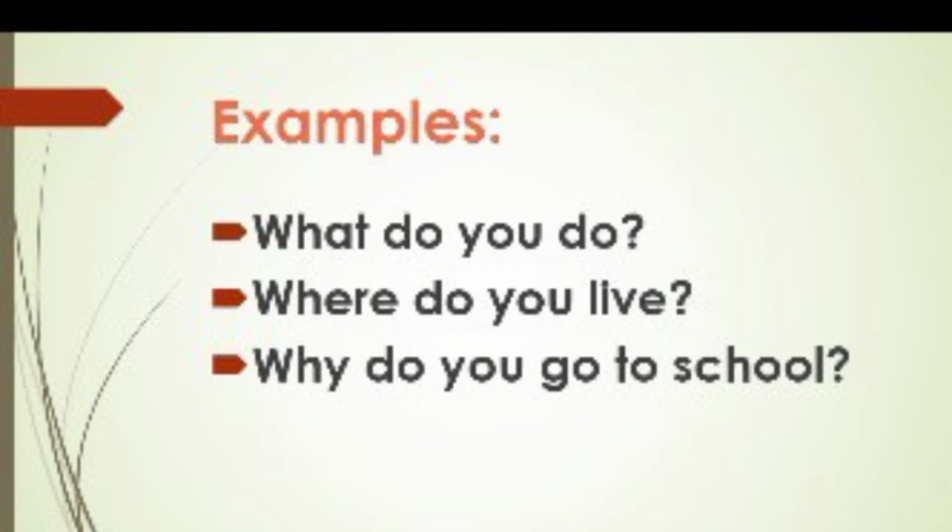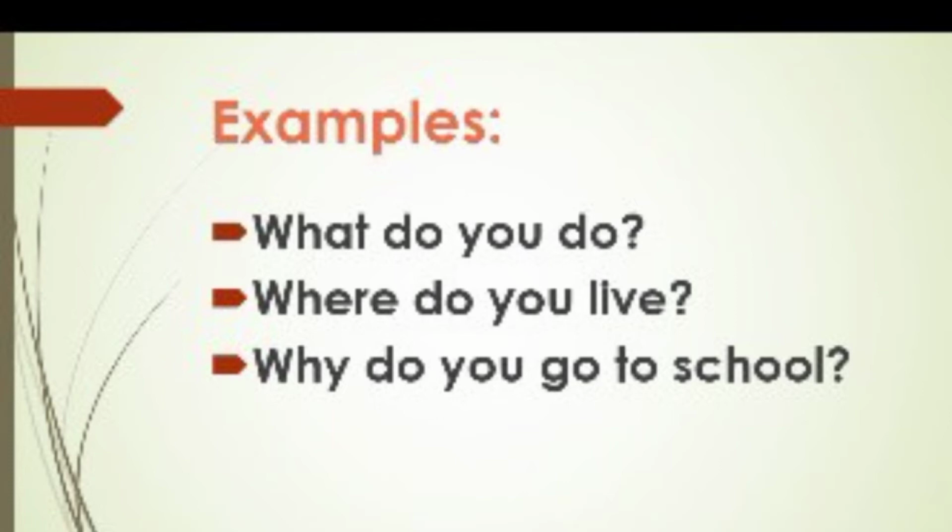Then where do you live? So at first the WH word is written, then do is added, then you have to write the subject, and then you have to add verb 1, and at the end you have to put a question mark. Last one, why do you go to school?